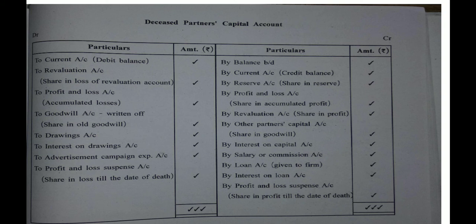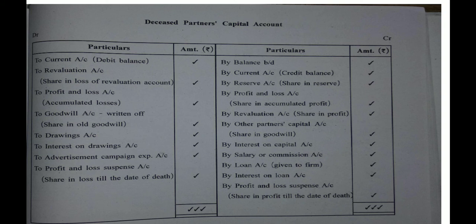So the partner who is going to pay, his name is to be mentioned on credit side of deceased partner's capital account. Then by interest on capital account, of course the interest on capital is given by the firm to the retiring partner or to the deceased partner, and which is to be credited in deceased partner's capital account.